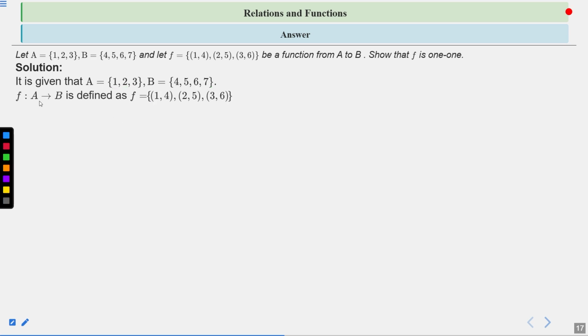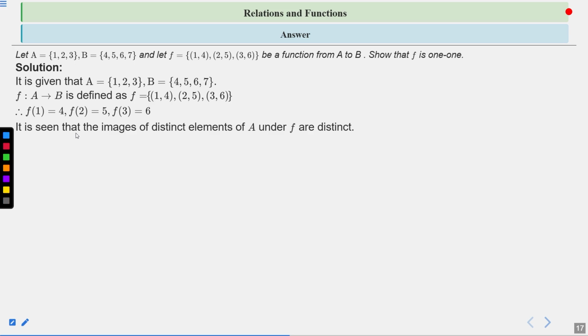So from set A to B, f is defined as (1, 4), (2, 5), (3, 6), which gives me that 1 is associated with 4, 2 is associated with 5 and 3 is associated with 6. So for input 1, f of 1 is 4, for input 2, f of 2 is 5, for input 3, f of 3 is 6. So it is seen that the images of distinct elements of A under f are distinct. Hence, f is 1-1.